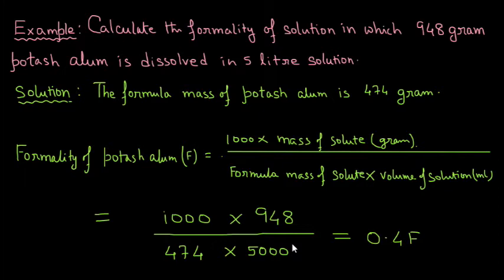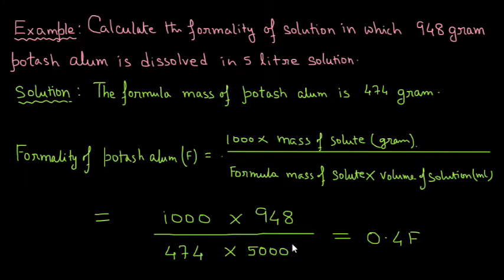So formality of potash alum, F is equal to 1000 multiplied by mass of the solute in gram upon formula mass of the solute multiplied by volume of the solution in ml.